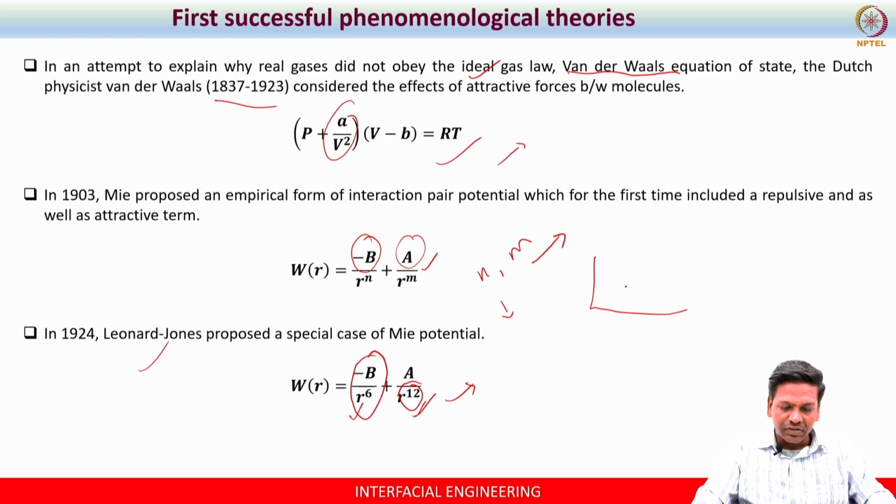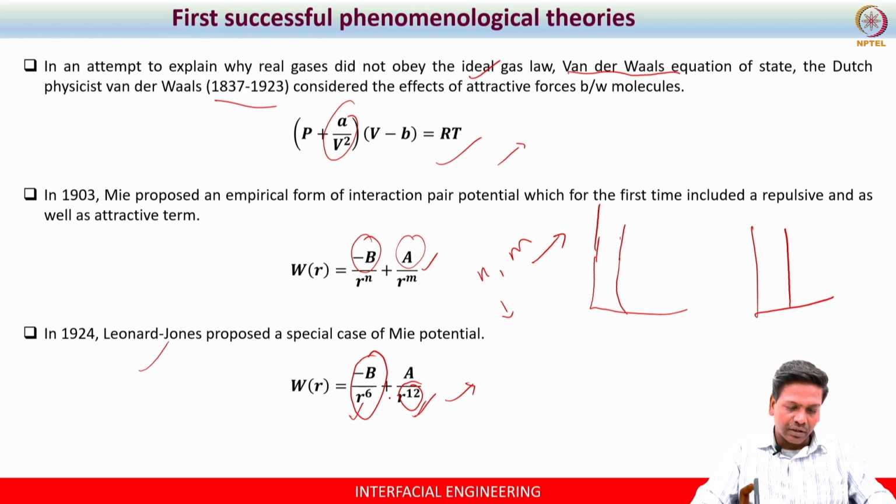This indicates that the repulsive force goes something like this, which is very steep, right? This is something like your hard sphere potential. Here r power m can be any number as large as possible, but r power 12 was just used to make it easier to calculate the potential computationally.